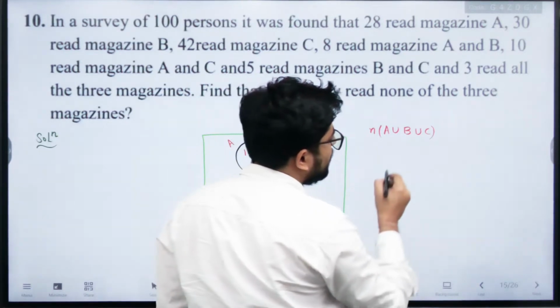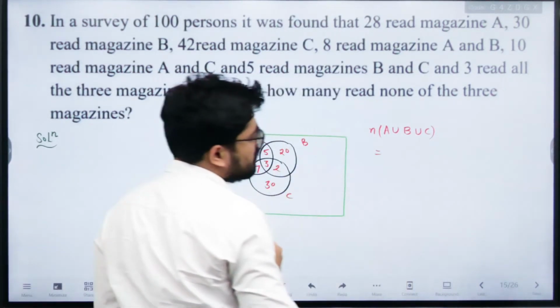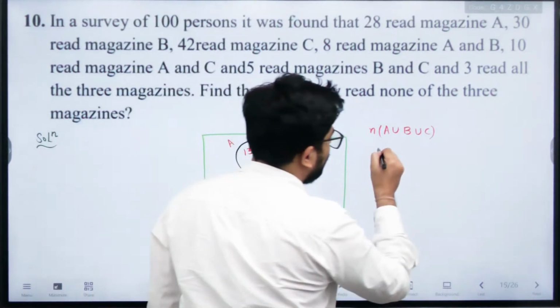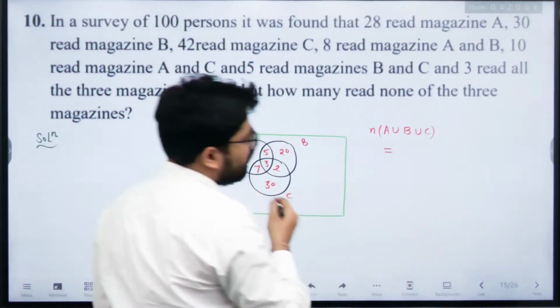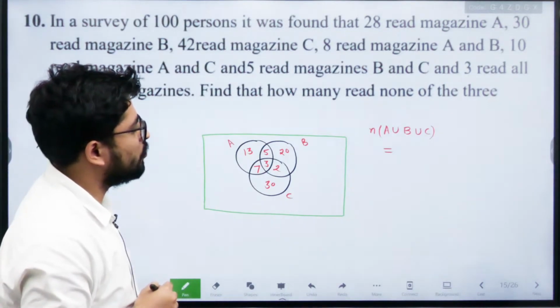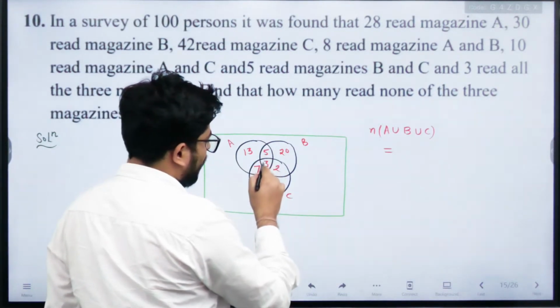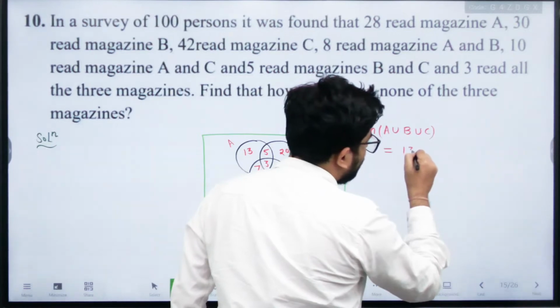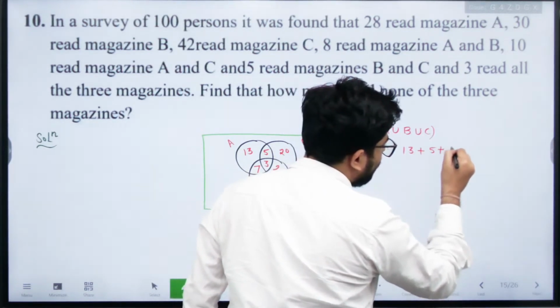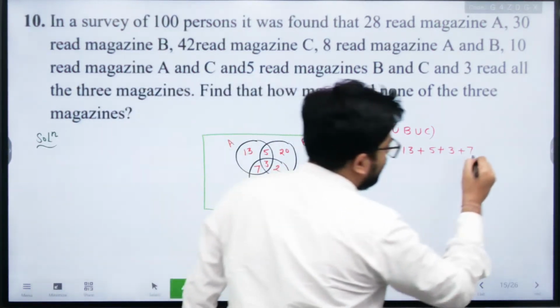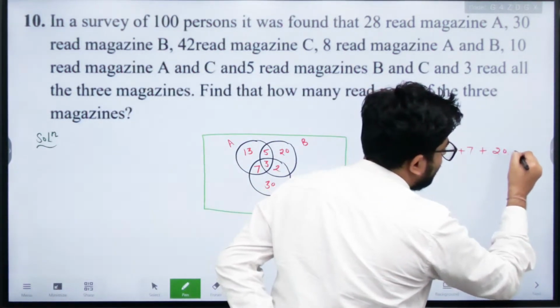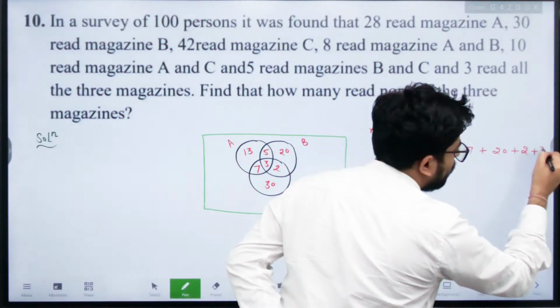n(A union B union C) is what? If you calculate this from your given Venn diagram, you will get n(A union B union C) is 13 plus 5 plus 3 plus 7, 20 plus 2 plus 30.